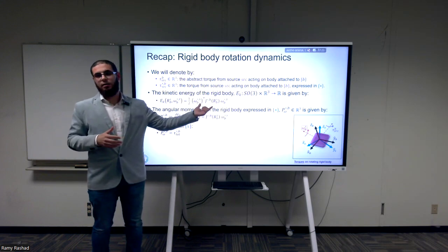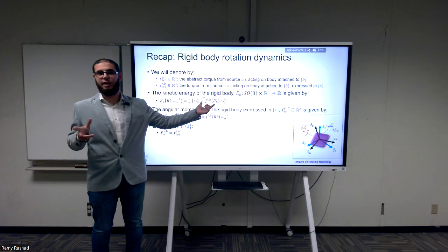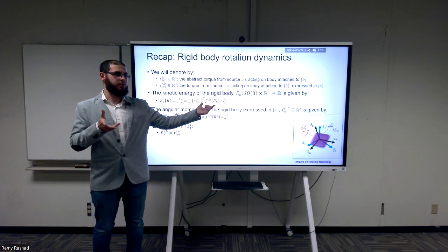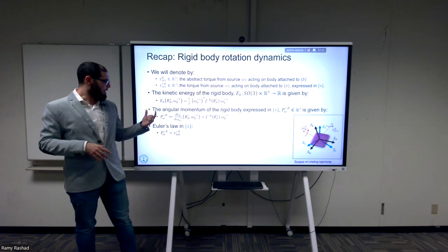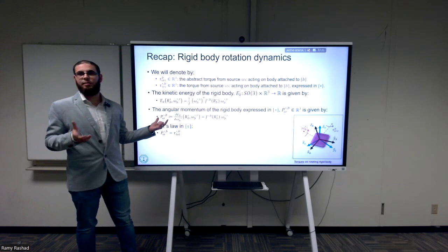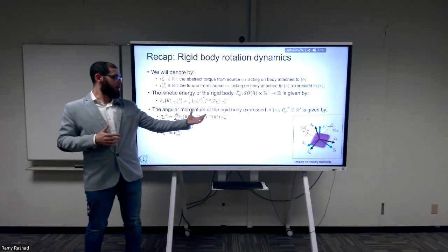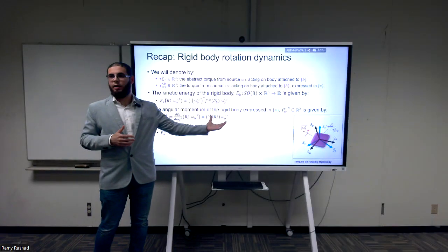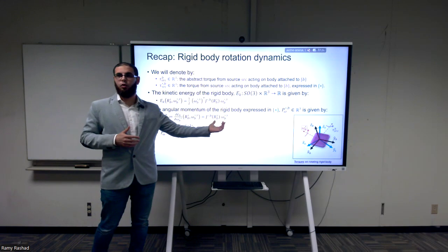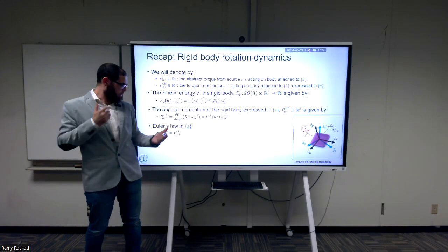But now the J depends on which frame you're looking at. The J can be a function of the rotation matrix or not, in general. We define the momentum, the angular momentum, in the same way, by taking the gradient of this kinetic energy with respect to the velocity, giving us simply J omega. But again, it can be dependent on the rotation matrix or not.